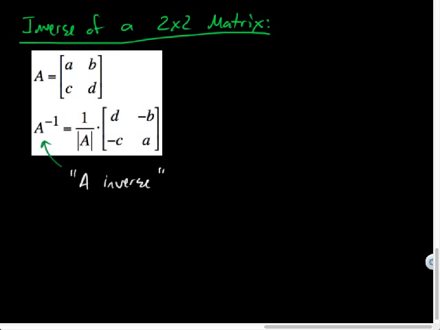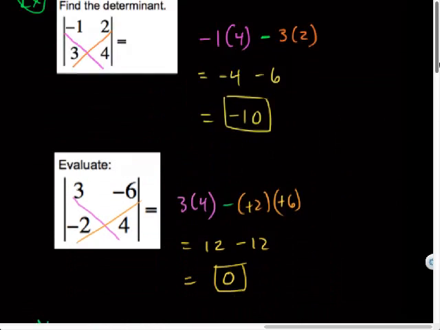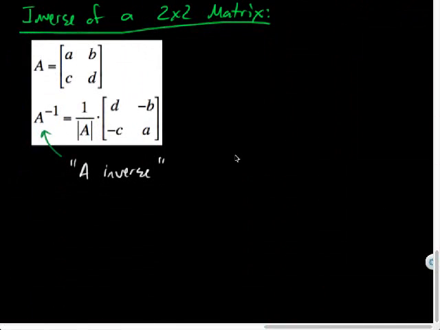So now look at this formula. I multiply by a scalar, which is 1 over the determinant. So that's just some number, like how I'd gotten the determinant to be -10 earlier. Whatever the determinant is becomes the denominator of this little fraction. And I multiply by the matrix.